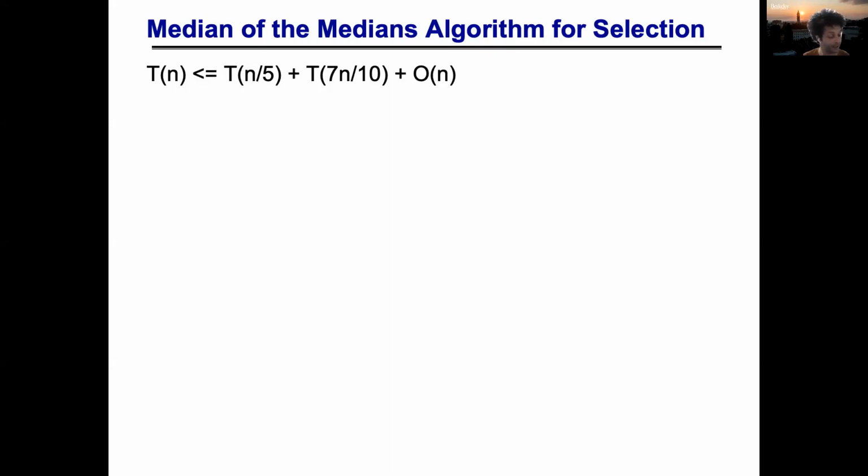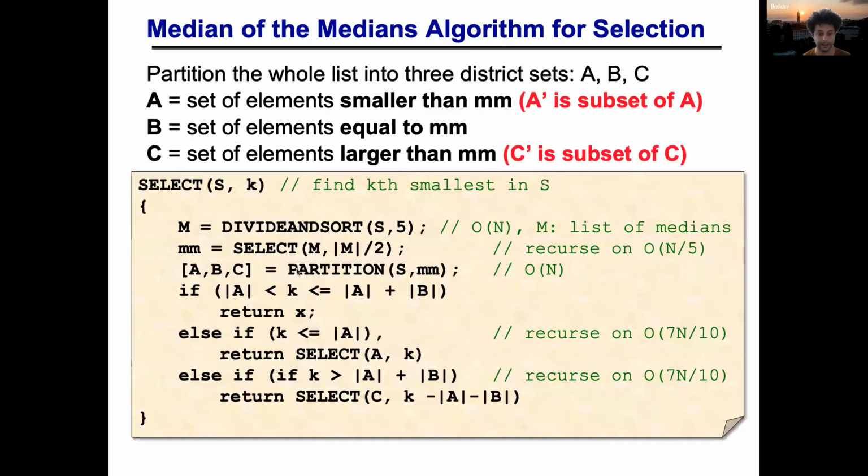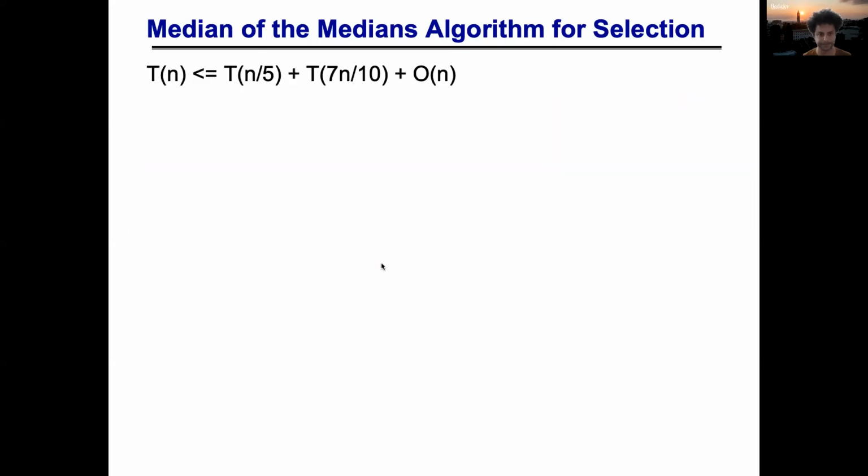Both of them actually are at least 3 over 10. So since I'm only recursing on one of them, my recursion has 7 over 10 here. And the cost of combining is due to the partitioning. Sorry, the cost of partitioning the data due to the function that partitions in this line, there's a linear cost.